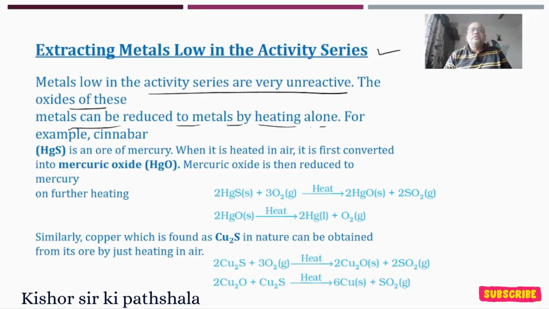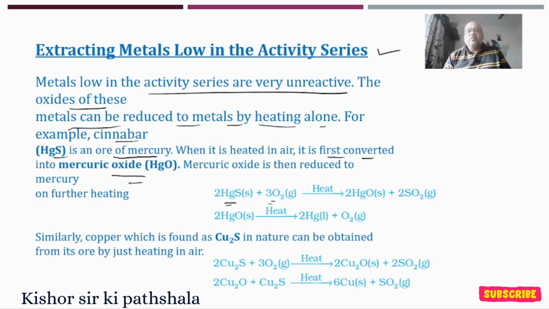For example, cinnabar, that is HgS, is one of the ores of mercury. When it is heated, we first get mercuric oxide. Here you see we have HgS, and we are heating it, which means we are reacting it with oxygen.